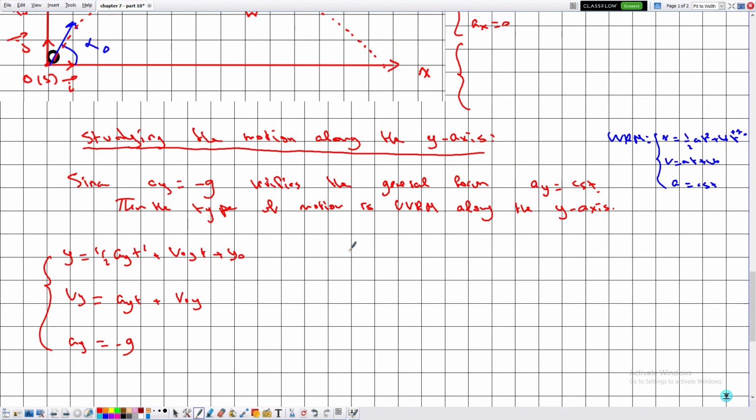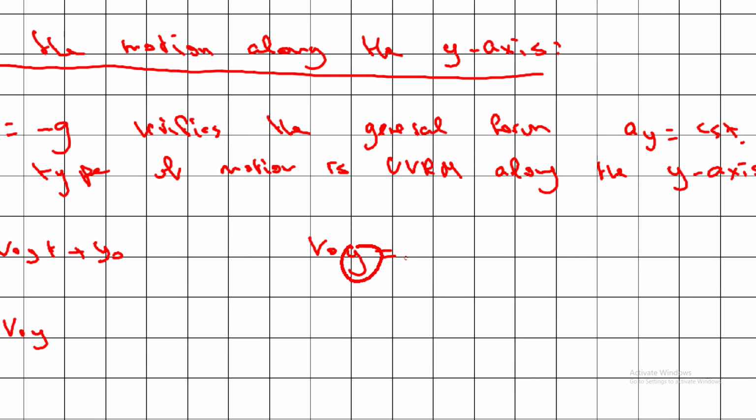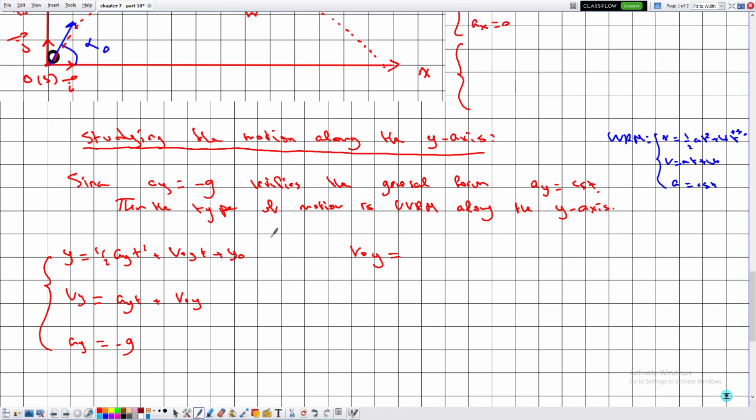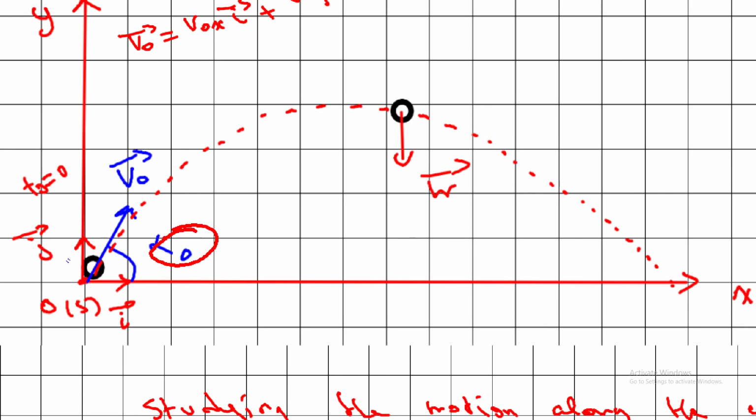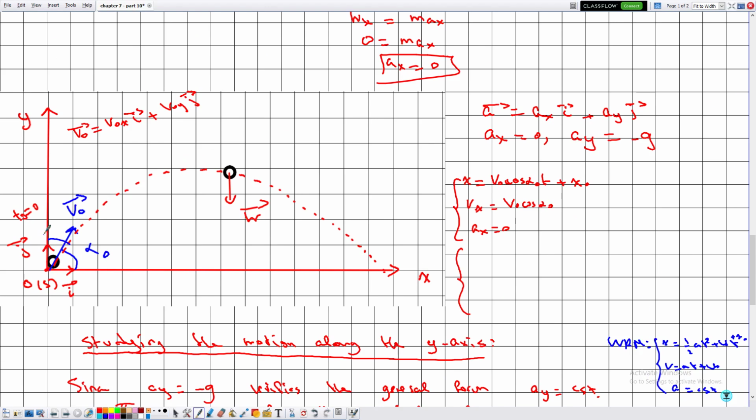Now what about V0y? So V0y is simply the y component of the initial vector V0. So if we refer back to the figure, and as usual, if this is alpha 0, then this angle is given by pi by 2 minus alpha 0.